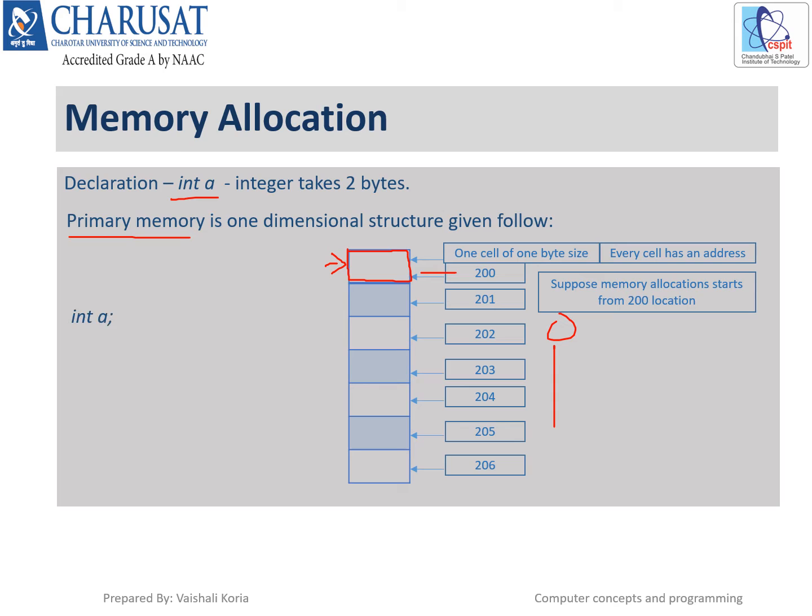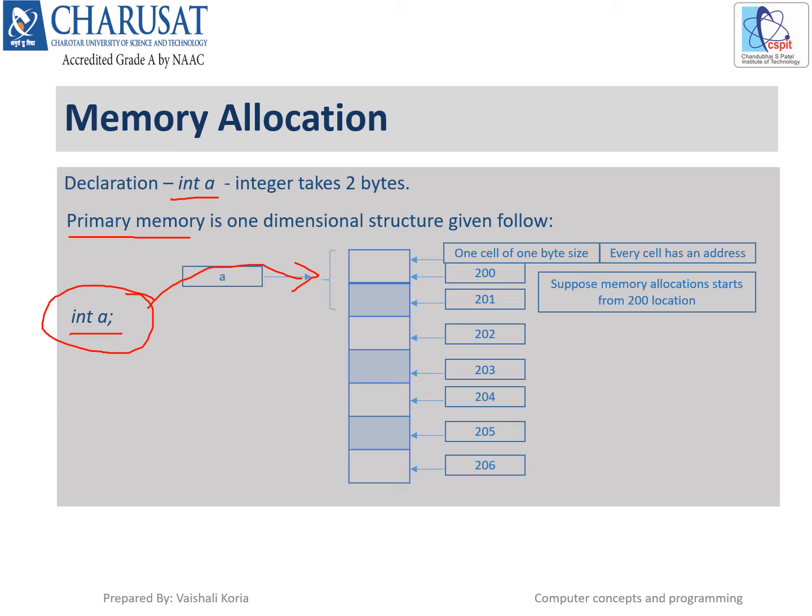Now when you are declaring a variable integer a, what happens in the primary memory? It will reserve the place where you can store the value of a. By declaring this integer a, 2 bytes will be reserved in the memory to store the value of a.